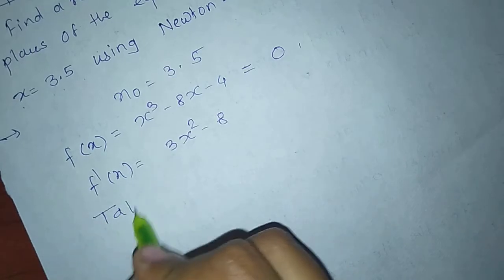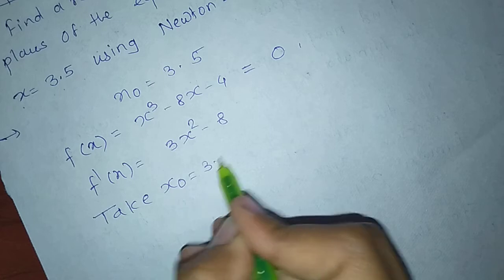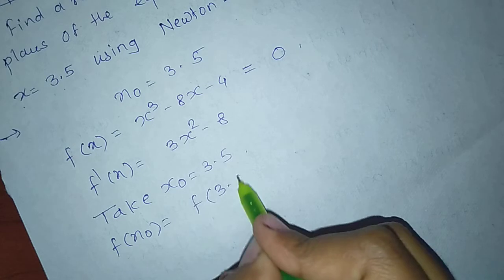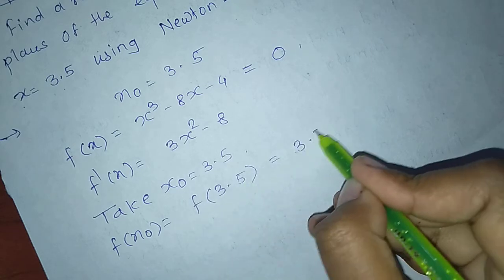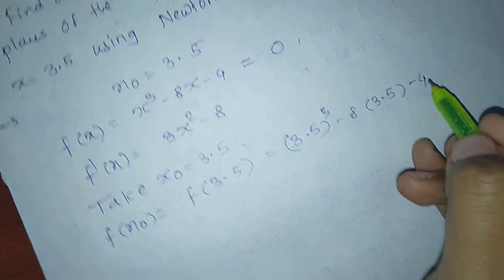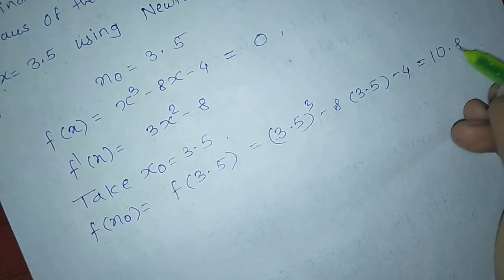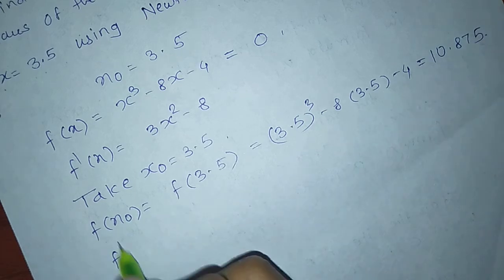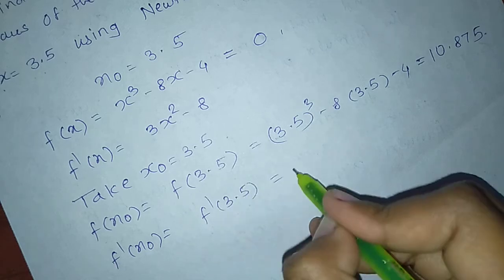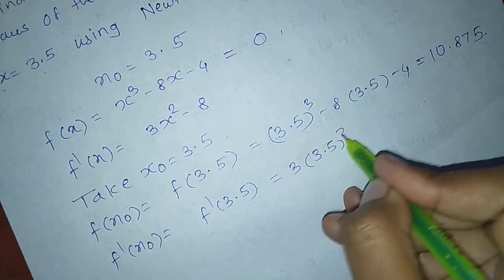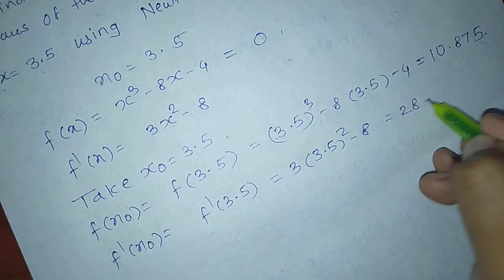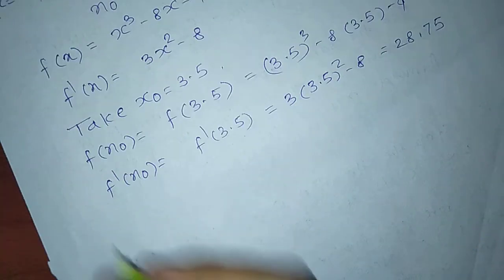Now take x naught equal to 3.5. So f of x naught equal to f of 3.5 equal to 3.5 cube minus 8 into 3.5 minus 4 equal to 10.875. f dash of x naught equal to f dash of 3.5 equal to 3 into 3.5 square minus 8. After solving this, we get 28.75.